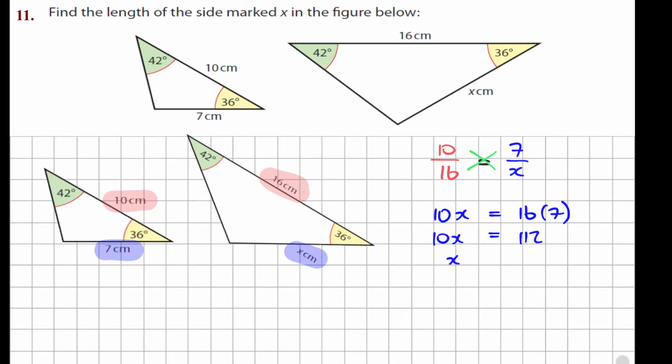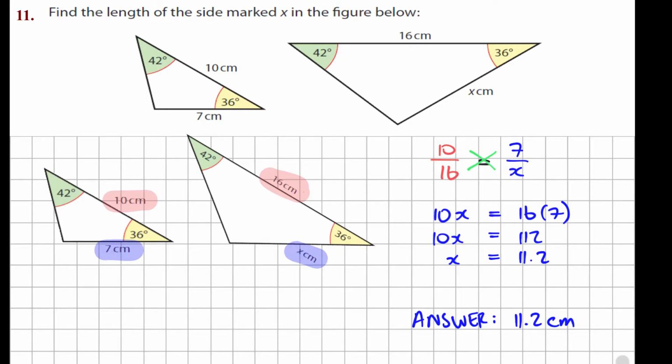To find out what x is, I need to divide both sides by 10. If I divide the left-hand side by 10, I'll get x. If I divide the right-hand side by 10, I'll get 11.2. They asked us to find the length of x, so the answer there is 11.2 centimeters.